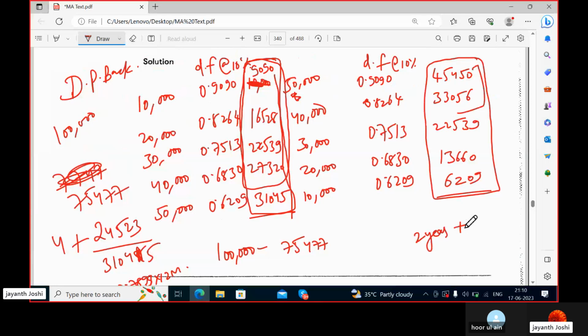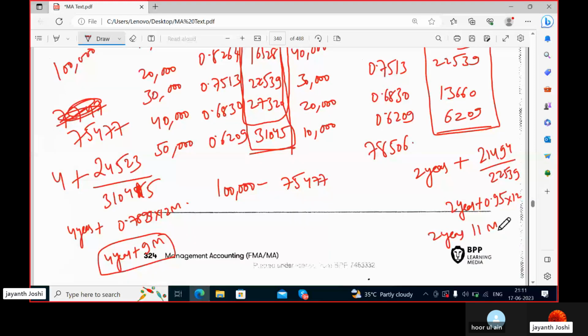We want 100,000, so 21,494 we want. And out of 22,539, we are going to recover that. So 0.95 into 12. That means 2 years plus 0.95 into 12. So 2 years, 11 months we are going to take to recover our 100,000.